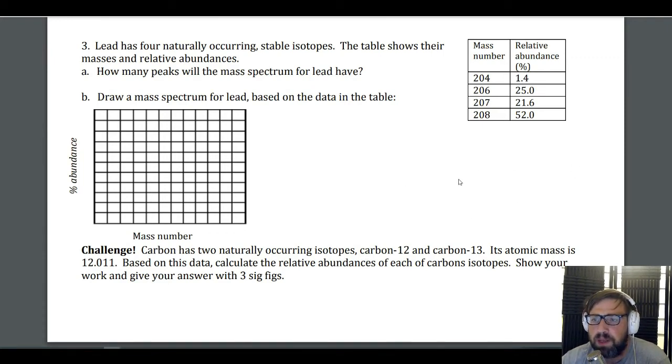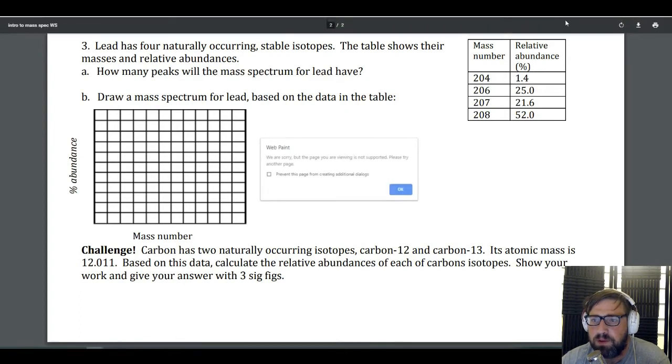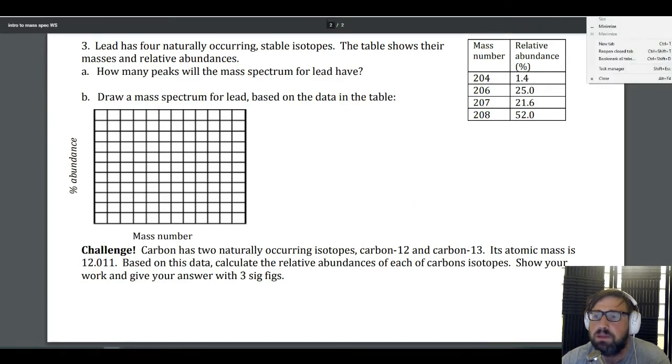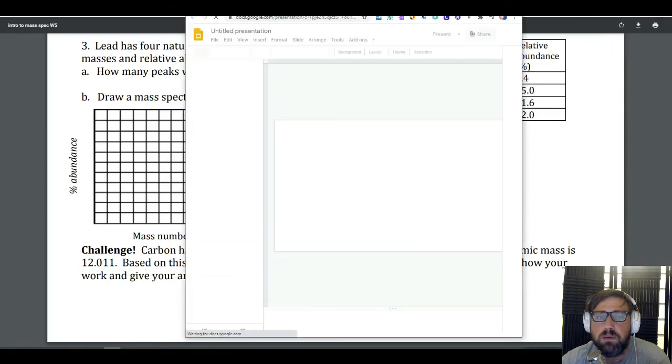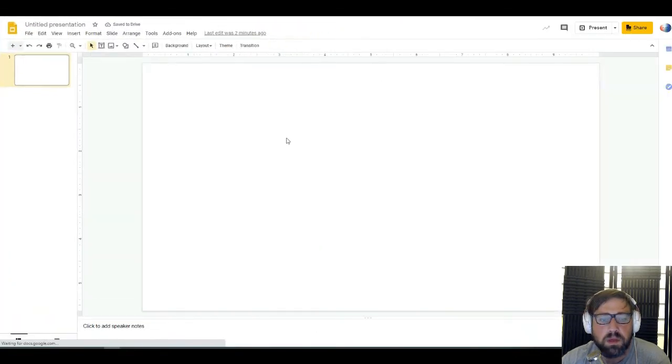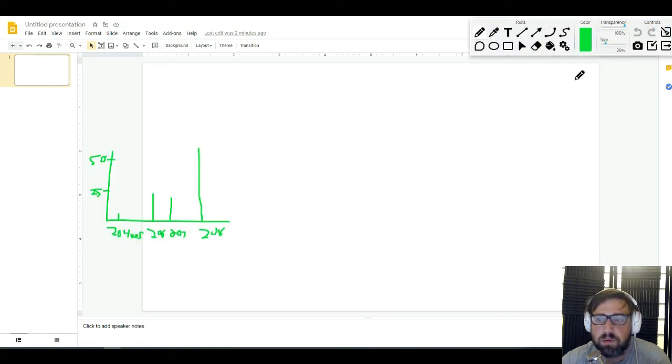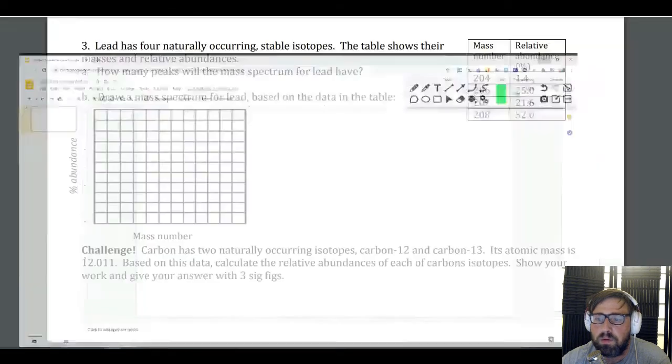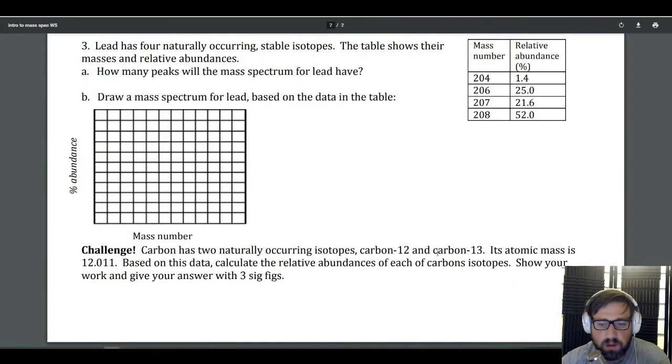You know, if you wanted to set up this problem, you can set it up using algebra. Jeez, every time. So if I wanted to set this up, what were the numbers again? 12 and 13, and then 12.011.